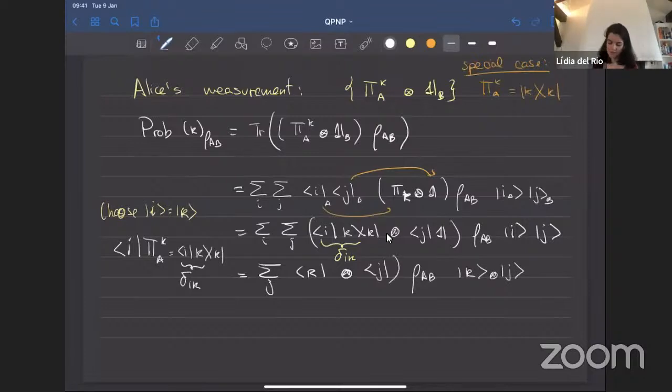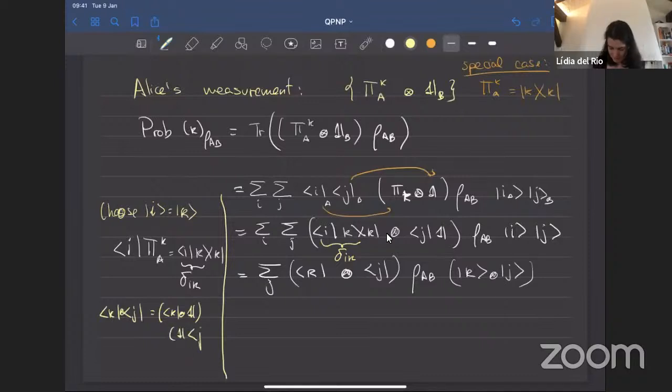And now what we do is apply another trick. If I have k tensor j, this is the same as having k tensor identity times identity tensor j.